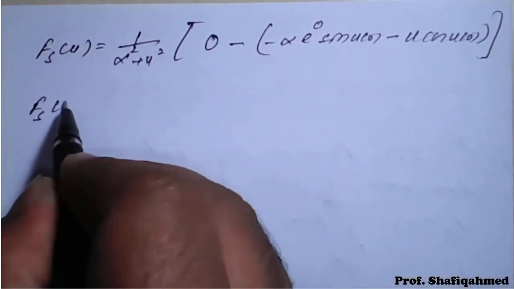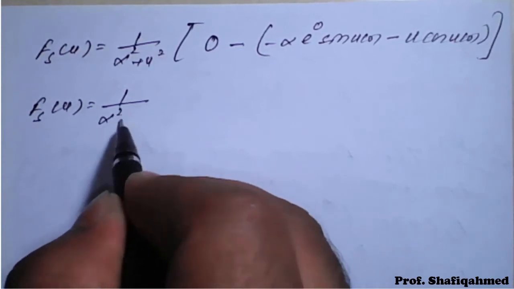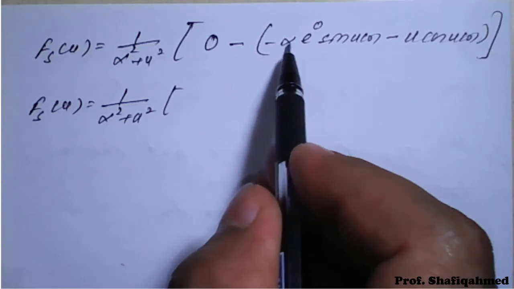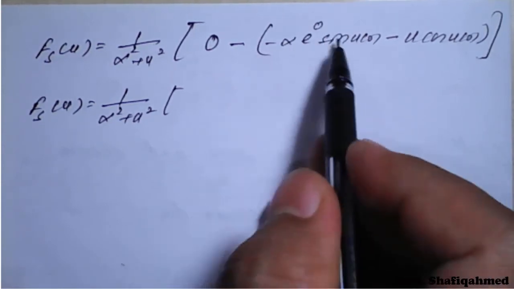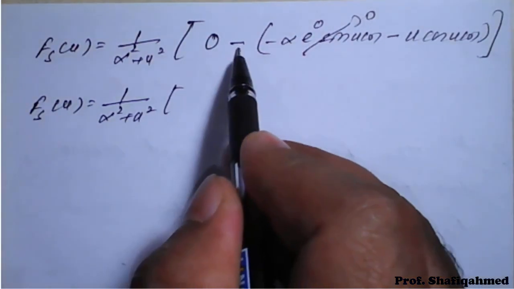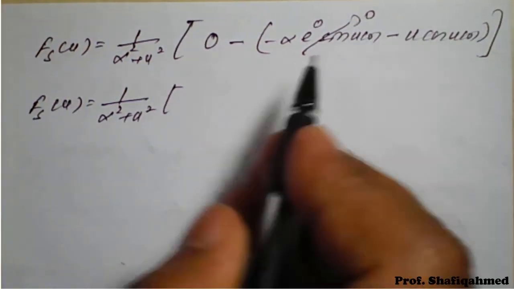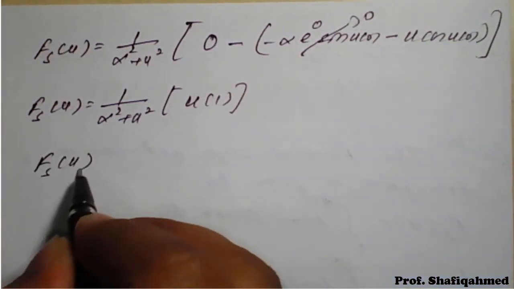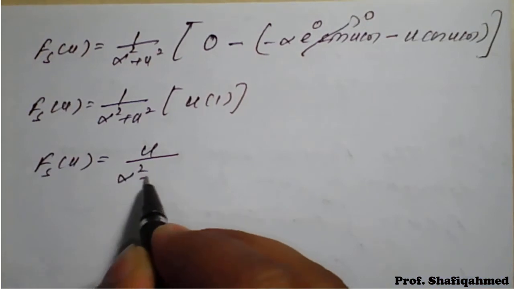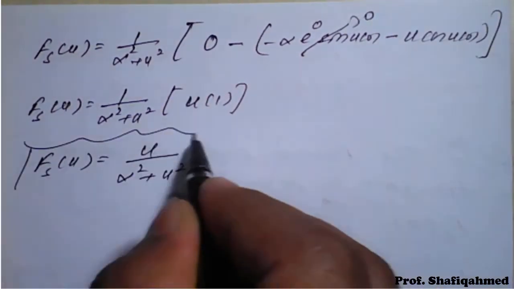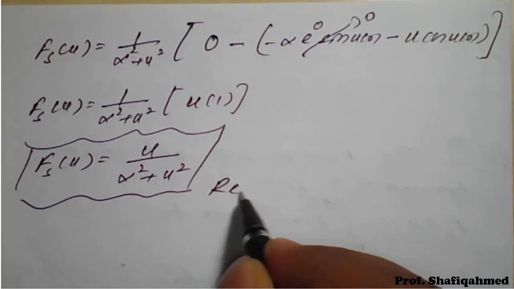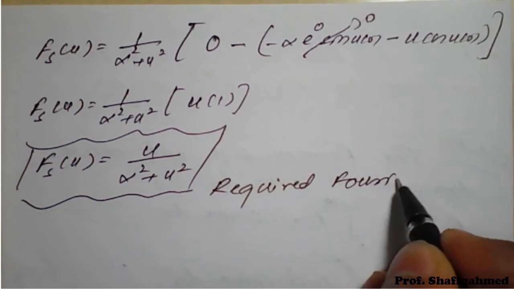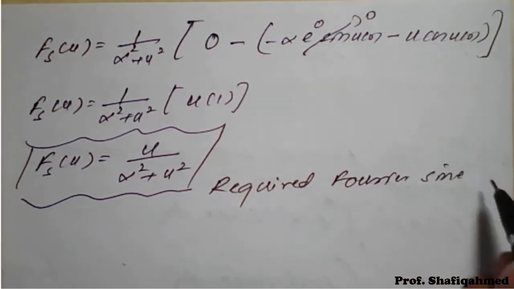Therefore fs of u is equal to 1 upon alpha square plus u square into, so minus sine of 0 is 0, 0 into this entire term will become 0. So minus into minus is plus, u into cos of 0 is 1, u into 1. Therefore fs of u will become u upon alpha square plus u square, which is the required Fourier sine transform.